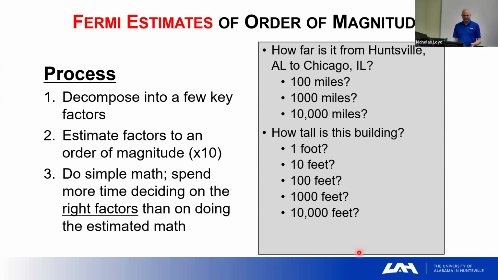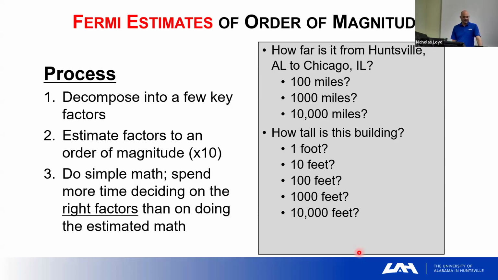So you may be familiar with Fermi estimation. Our buddy Enrico Fermi, a physicist that was involved in the Manhattan Project, I believe is Italian. And he was known for being able to estimate calculations really quickly.